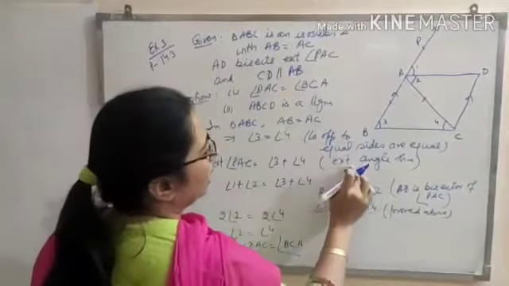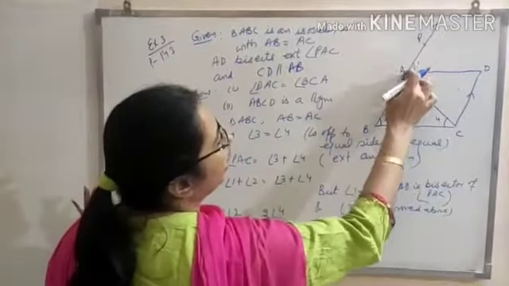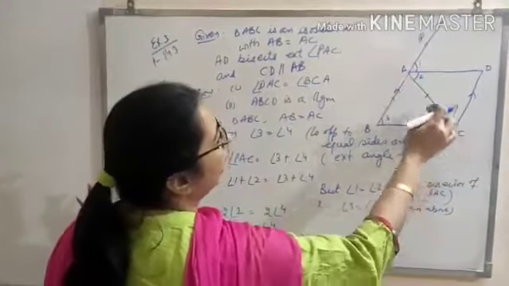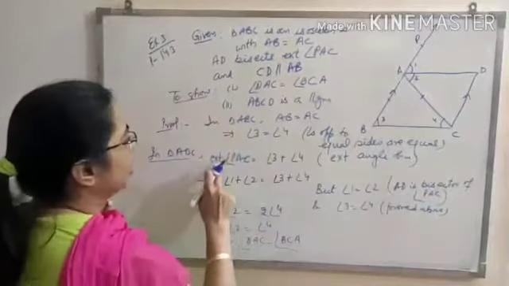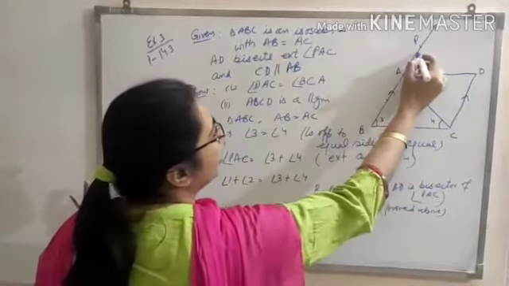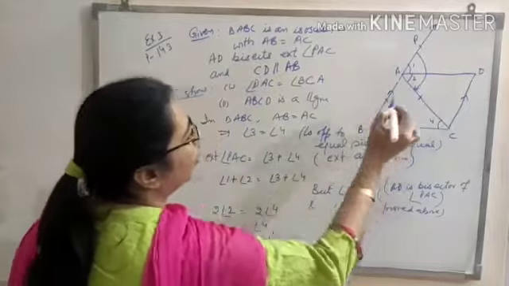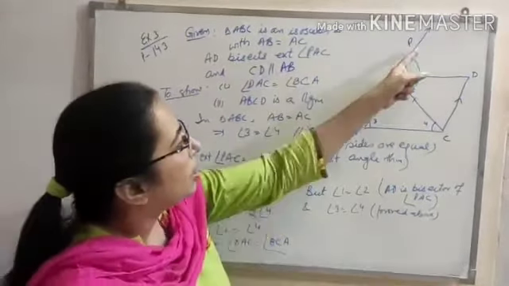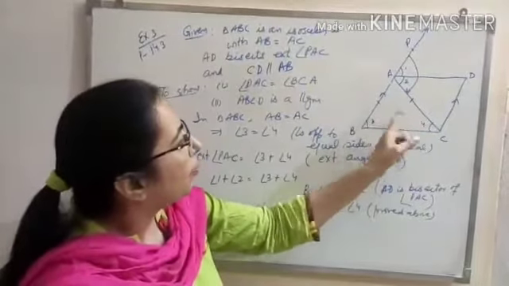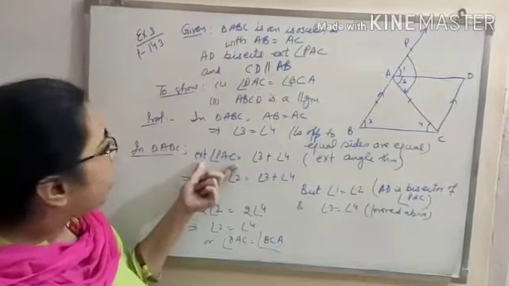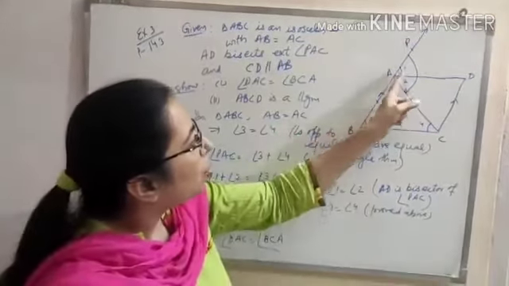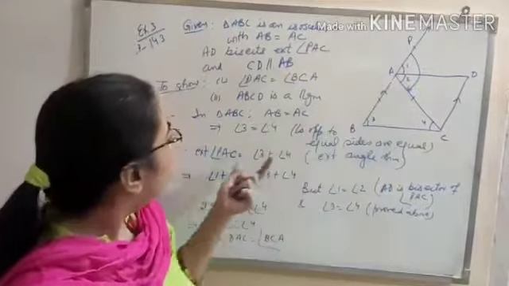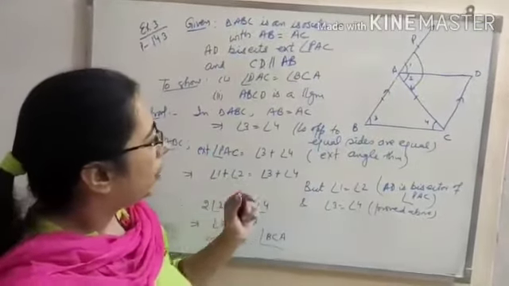Now we will apply exterior angle property. This PAC is the exterior angle of triangle ABC. So the exterior angle is equal to the sum of interior opposite angles. So it is 3 plus 4. Now how can I write this exterior angle? It is 1 plus 2. You can see I have divided it. 1 plus 2 is equal to 3 plus 4.